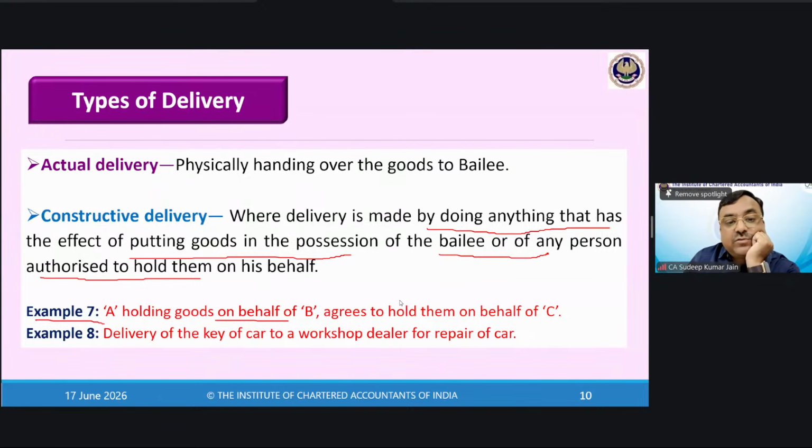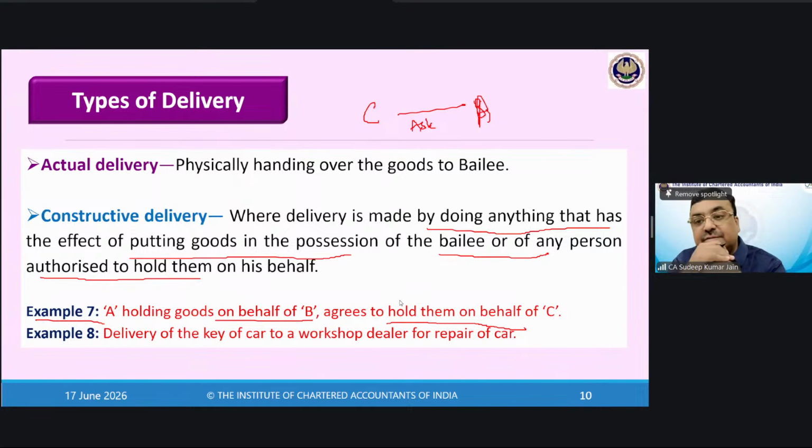A, holding the goods on behalf of B, agreed to hold them on behalf of C. Let's suppose C asks A for a book. C asks A, please give me your book for 5 days only. There is my exam and I have to prepare from your book.